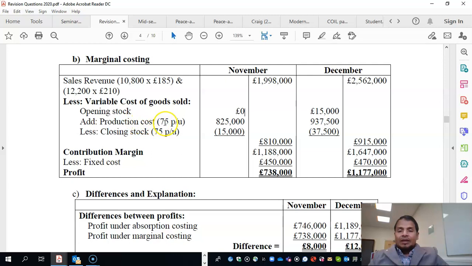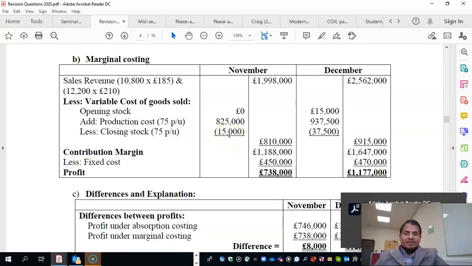And what about our production cost? Cost of production in November: we produced 11,000 times 75, and we produced 12,500 in December, 12,500 times 75. So these are the figures you will get. In November, it's the same as we had before.